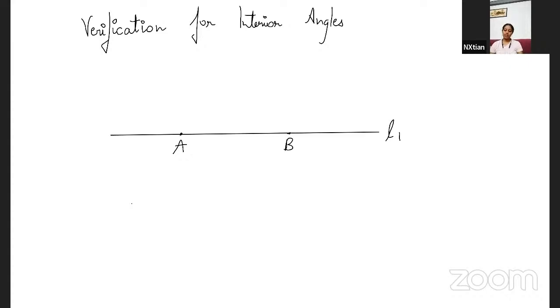Now, from point A, put your protractor on the A point and make an angle of 70 degrees.